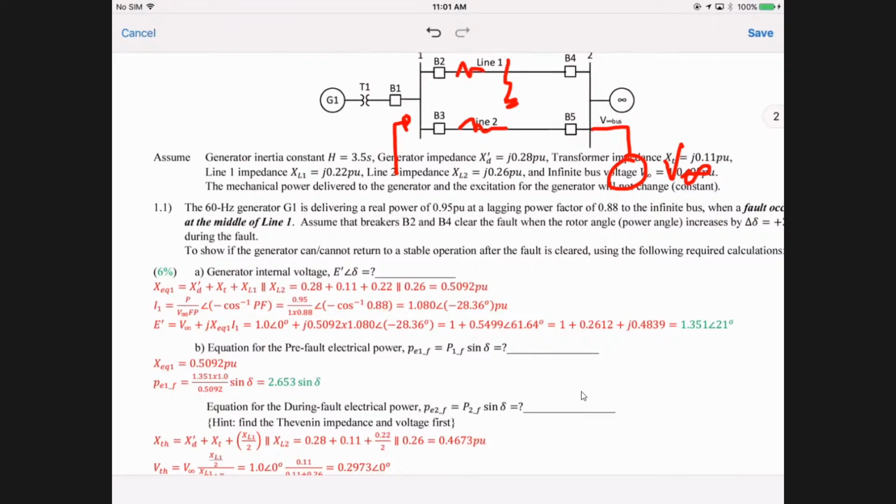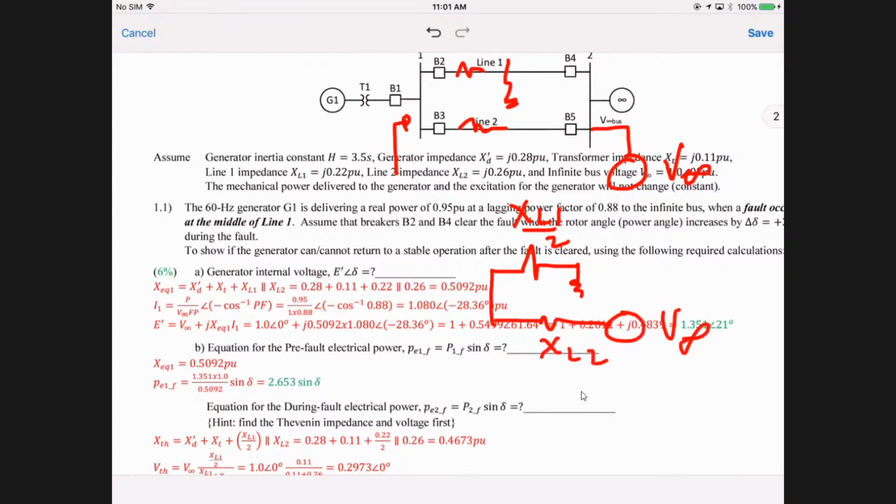You have a voltage divider. So you have the impedance XL1 divided by 2, and this is the voltage at infinity, XL2.